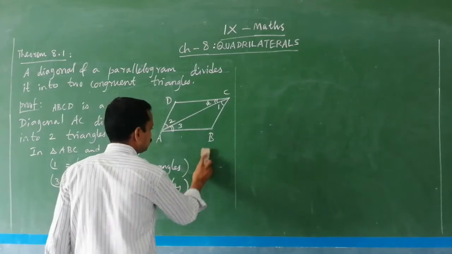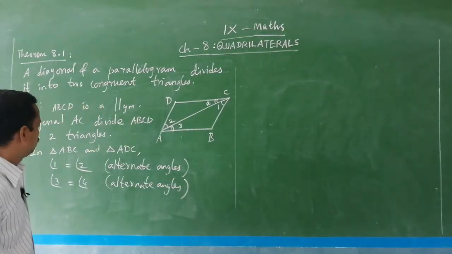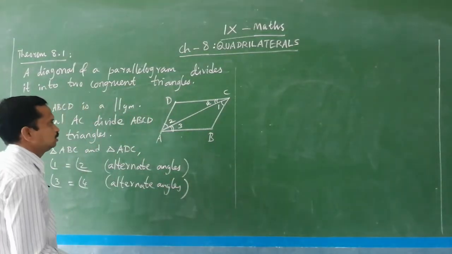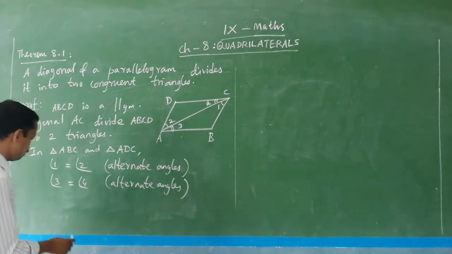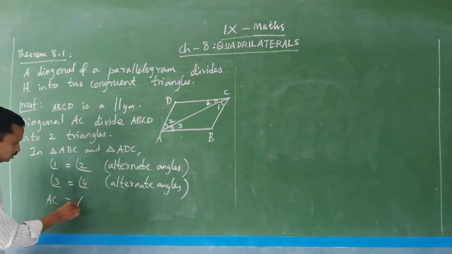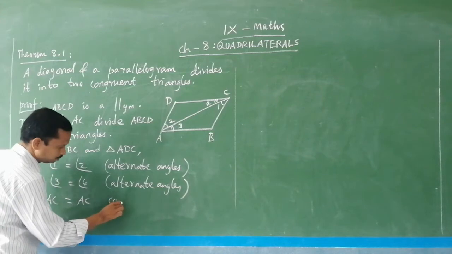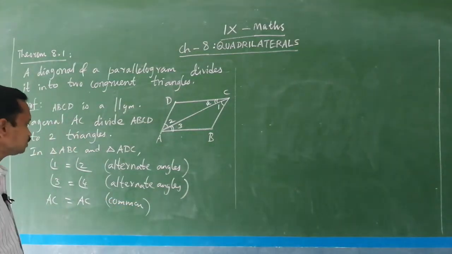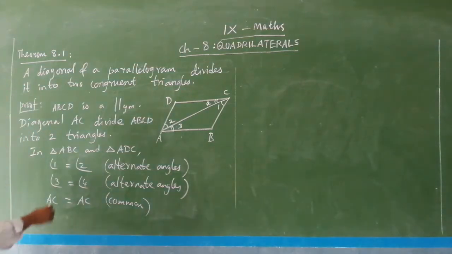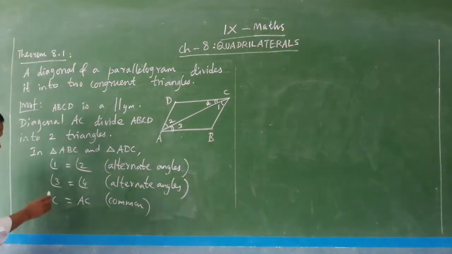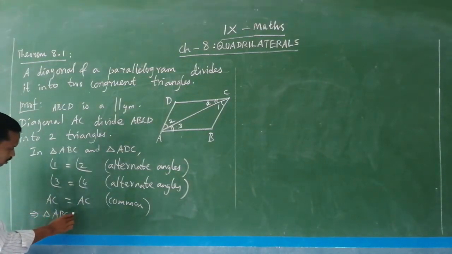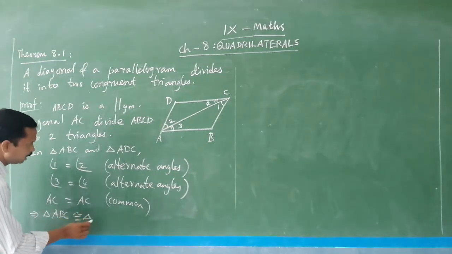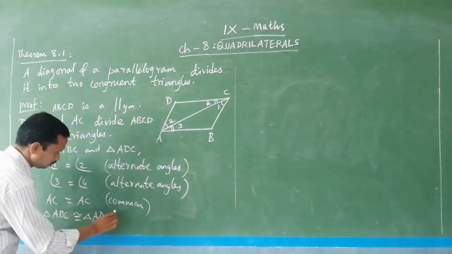So, these two alternate angles are equal, and now you can say that AC is common, AC equal to AC, common side. So, now we can say by two angles and the side between them, it is ASA. This implies triangle ABC is congruent to triangle ADC.